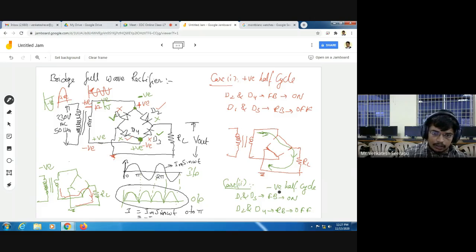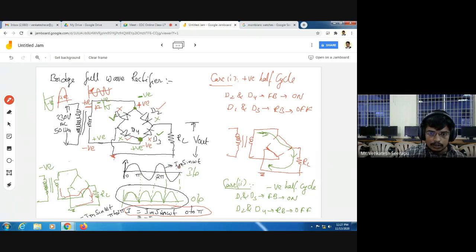So from 0 to pi, the equation for i is Im sin omega t, whereas from pi to 2 pi, our current equation is minus Im sin omega t. So it is my output equation. I is equal to Im sin omega t from 0 to pi. Why?